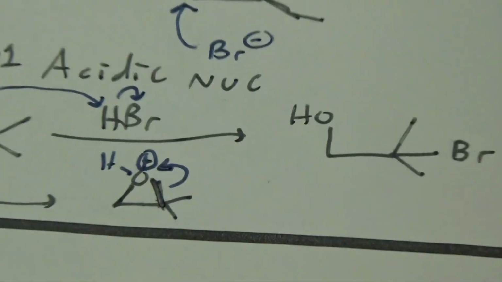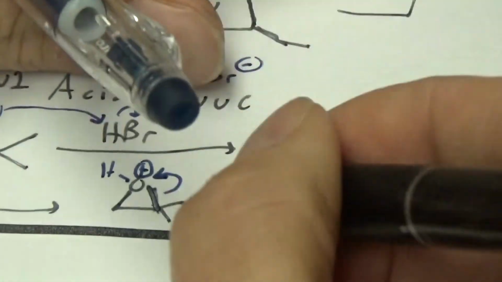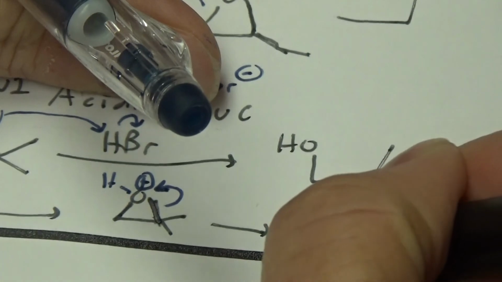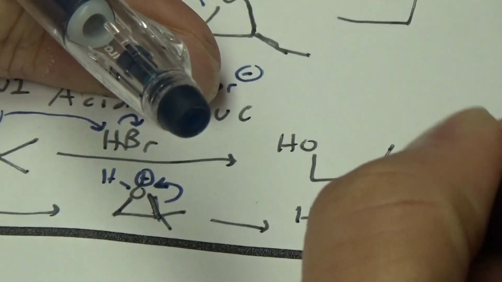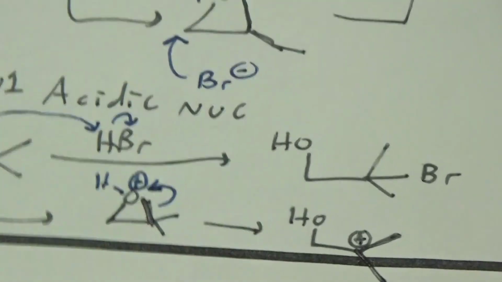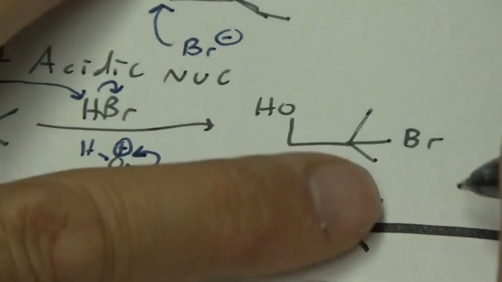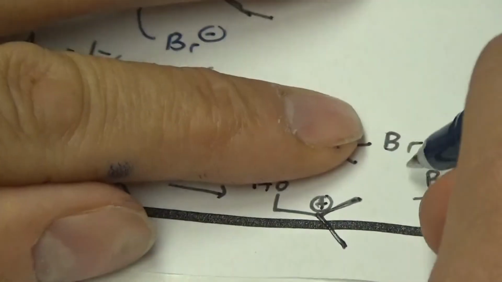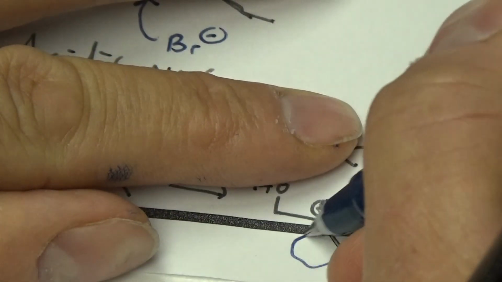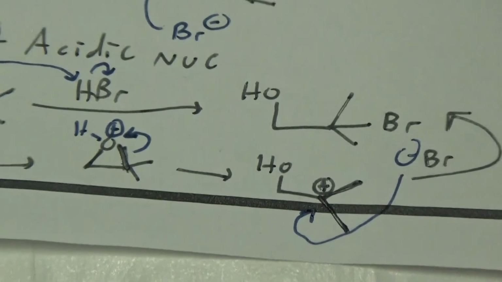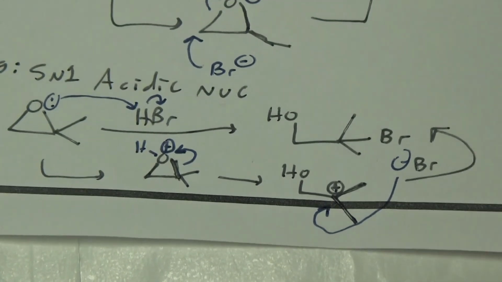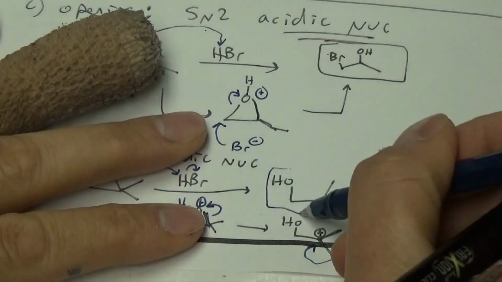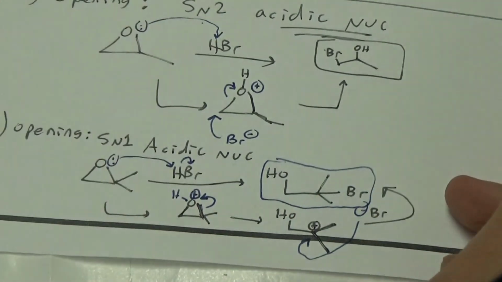See how it opens? Okay, this is it. Alcohol. And how do we finish this up? Br minus does what? Attacks the tertiary. And we're done. Okay, so I will review this next time. I just wanted to mention it.